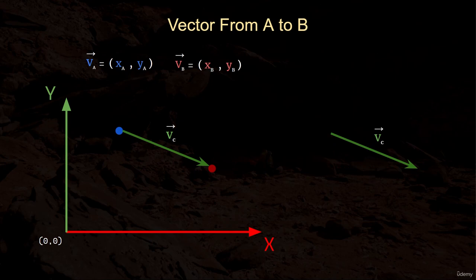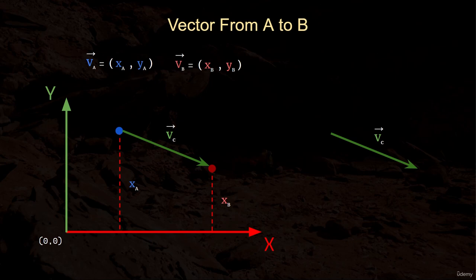So if we just look at the x components of these vectors, then the location of the red dot is going to have an x coordinate of xb. That's the distance from the origin to this x location traveled along the x-axis. And the x coordinate of the blue point is xa, stored in our vector.